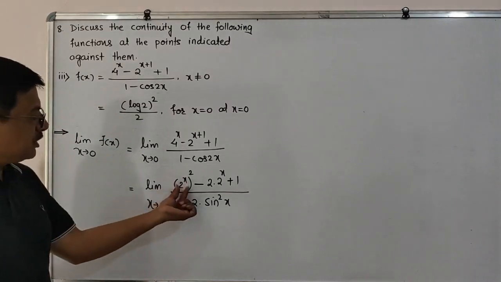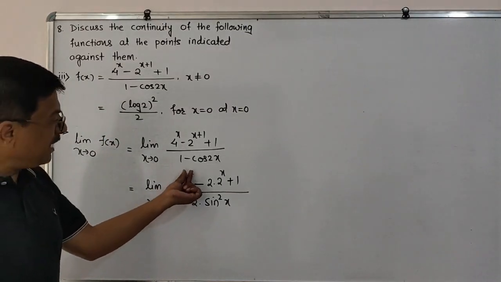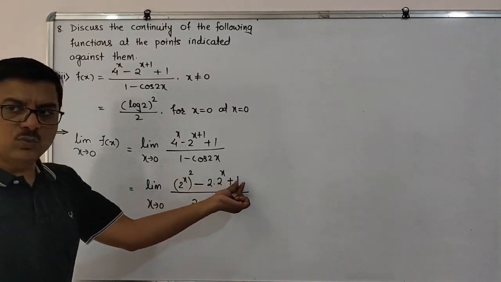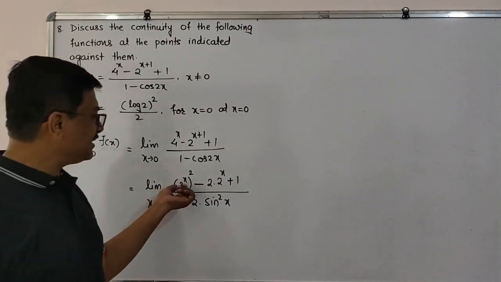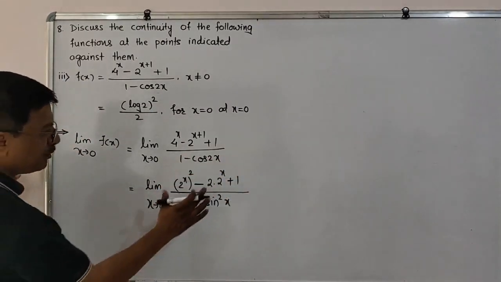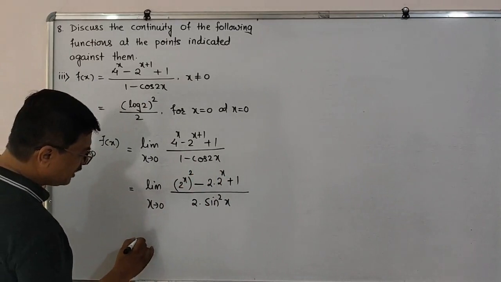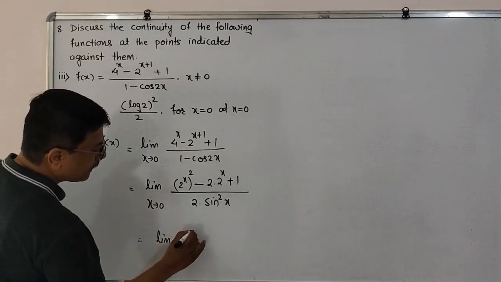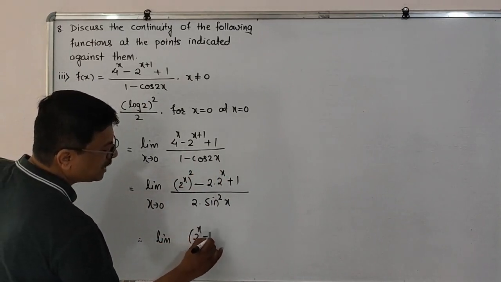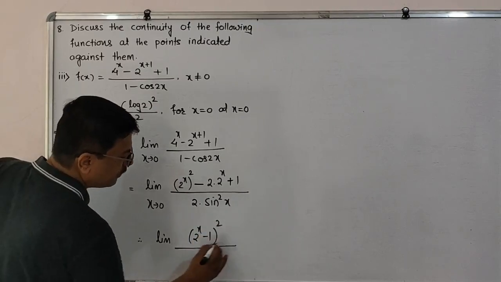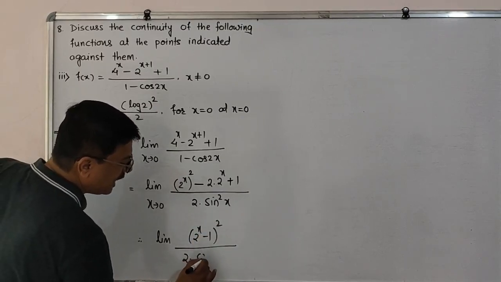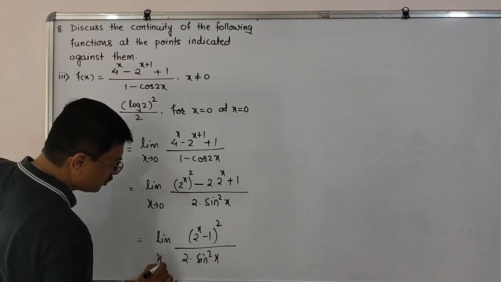Now this is in the form a square minus 2a plus 1, means we can write it as a minus 1 whole square, means this can be written as limit of 2 raised to x minus 1 whole square divided by 2 into sine square x as x tends to 0.